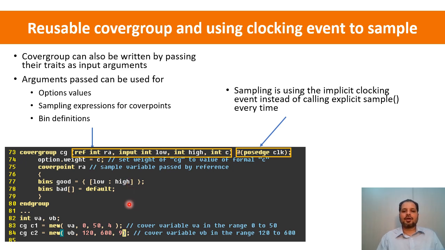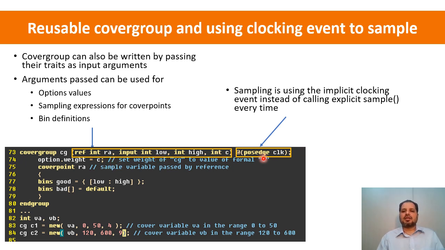Now, as I'm able to pass arguments, C1 is going to look for the range of values between 0 to 50, and C2 is going to look for the range of values between 120 to 600. This way I can build much more reusable cover groups using the arguments.